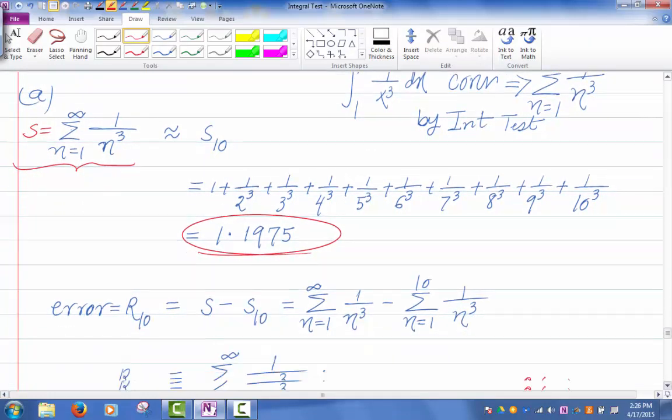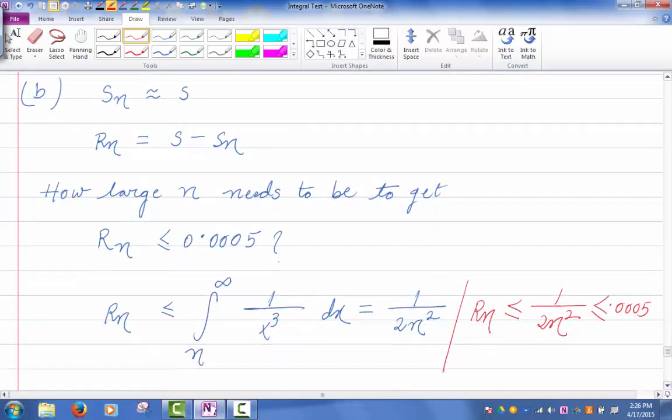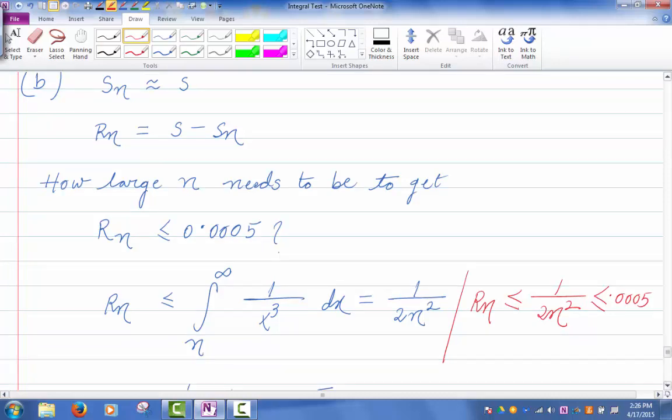Well, so then what am I doing? I'm using the nth partial sum to estimate the actual sum of the series. So the remainder or the error would be S minus Sn. The question then is, how large n needs to be to get Rn to be less than 0.0005? We know from our formula that Rn is less than the integral from n to infinity of 1 over x cubed dx.